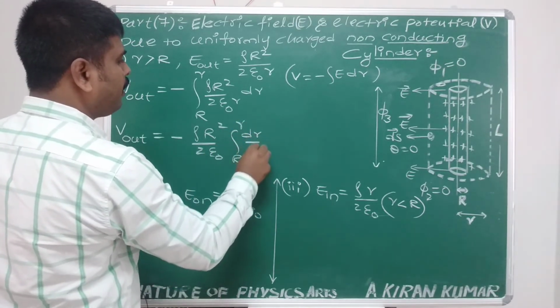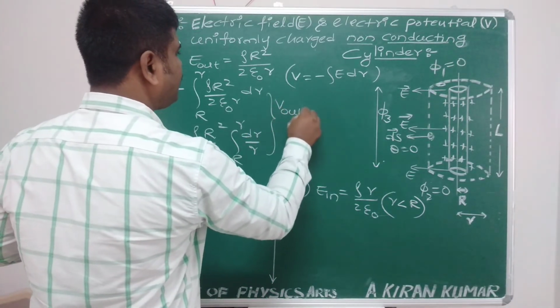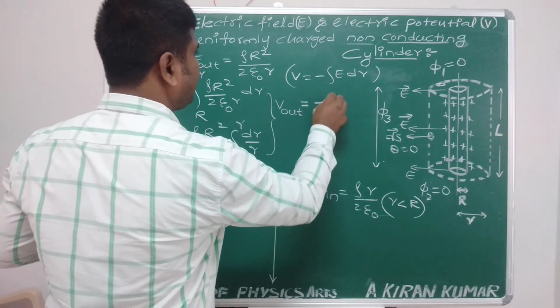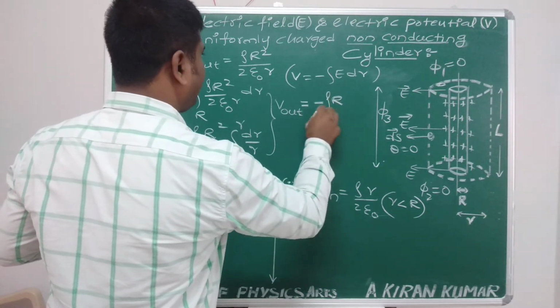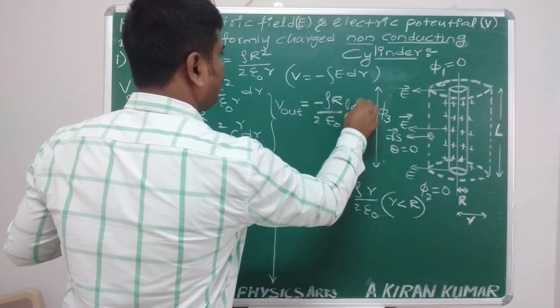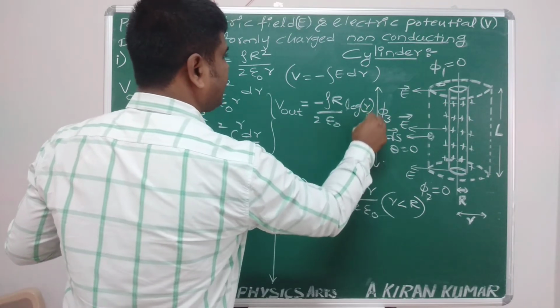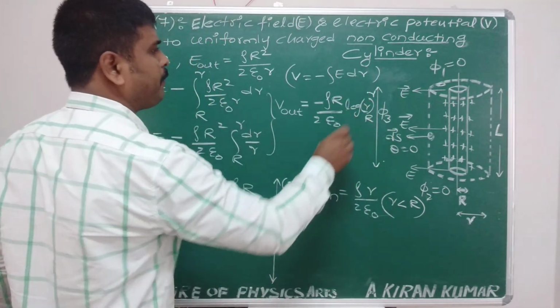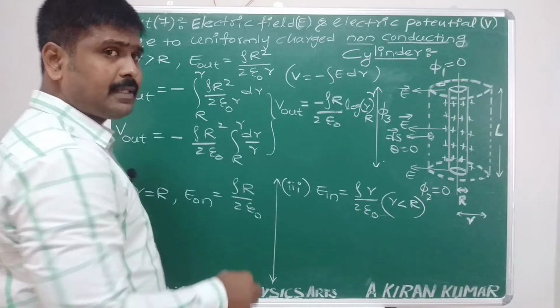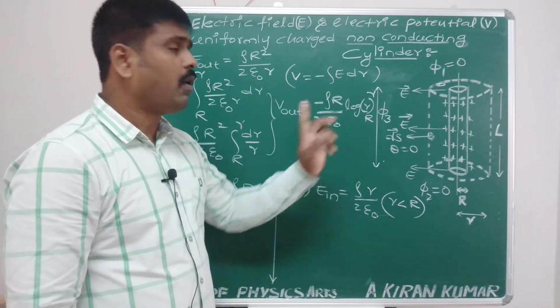So V out is equal to minus rho R square divided by 2 epsilon naught, common, times the integral from capital R to small r of dr by r. From this we get V outside equal to minus rho R square divided by 2 epsilon naught, times log r with limits capital R to small r. The integral of dr by r is log r.